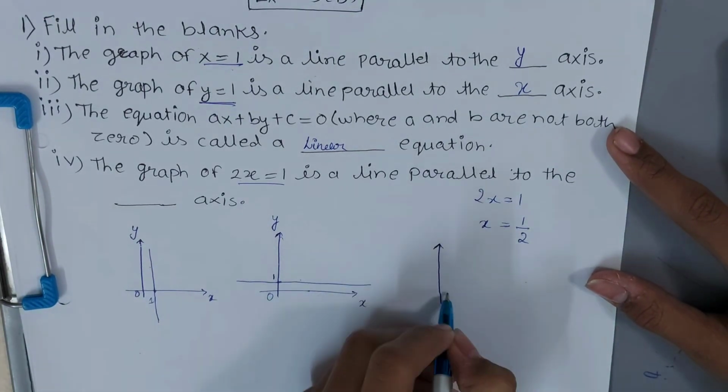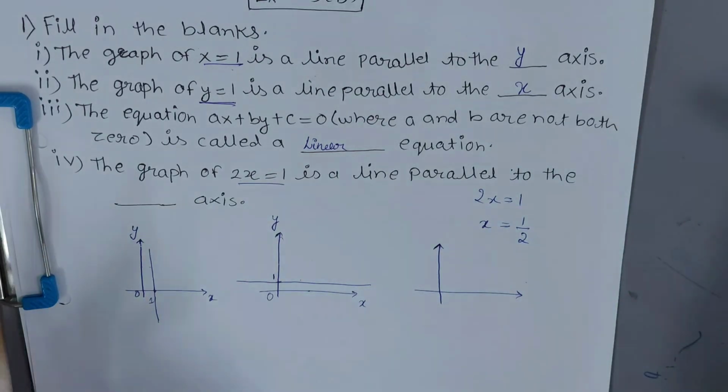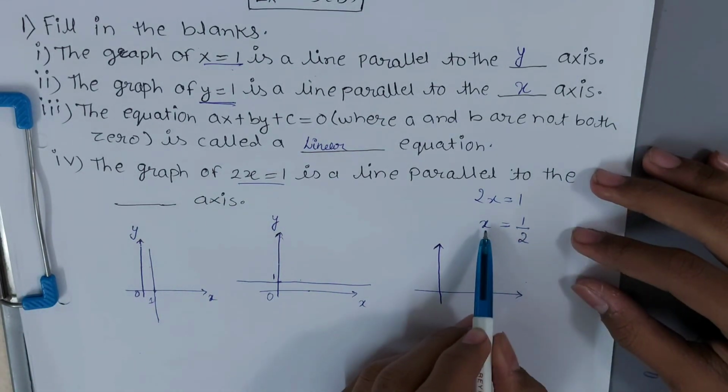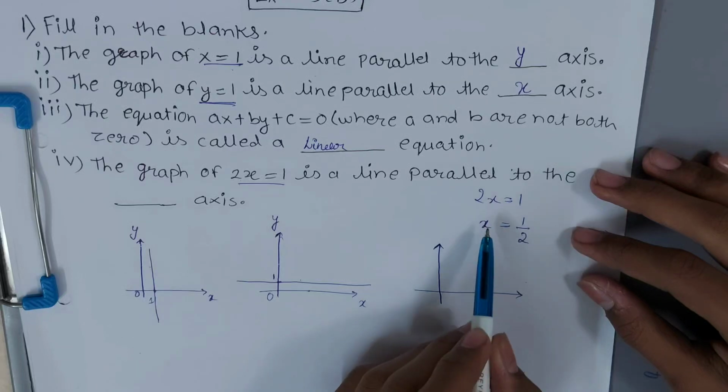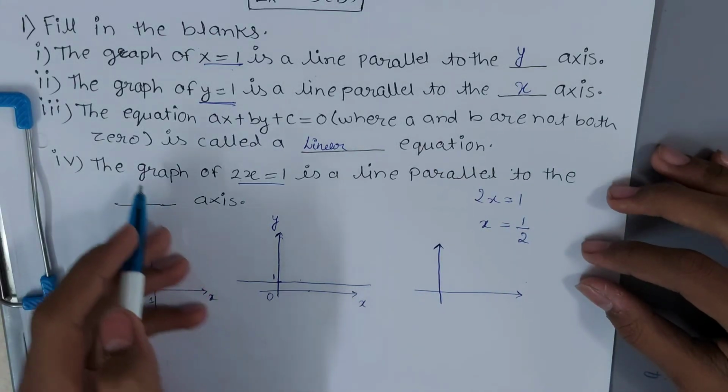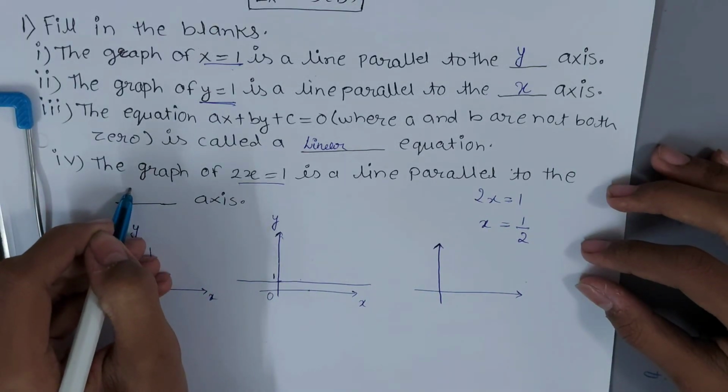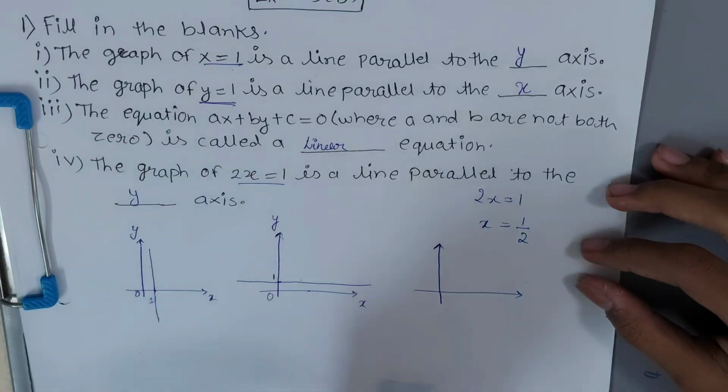You can just tell directly by seeing it that x is given, the x coordinate is given, so the graph will be a line parallel to the y-axis.